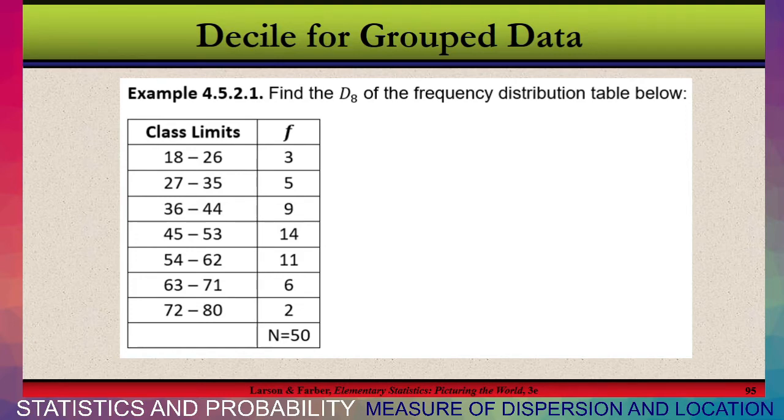So 18 to 26, 27 to 35, 36 to 44, 45 to 53, 54 to 62, 63 to 71, then 72 to 80. Frequency natin ay 3, 5, 9, 14, 11, 6, at saka 2. Then yung N natin is equals to 50.